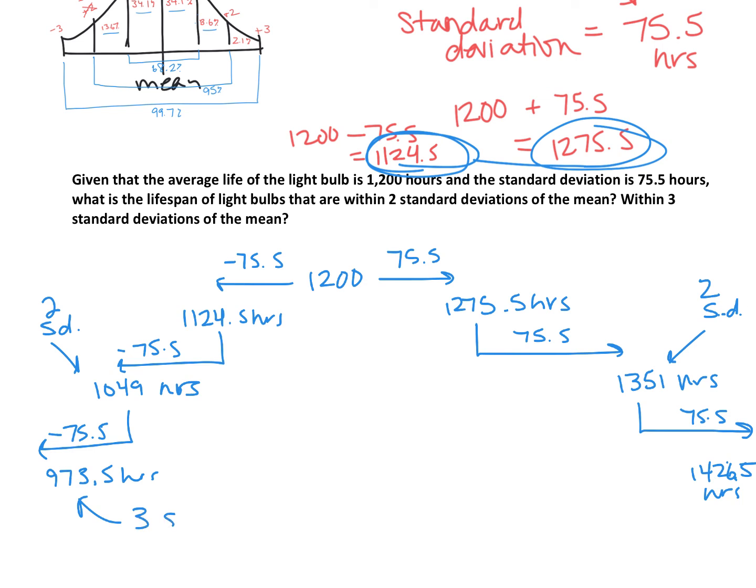Those are 3 standard deviations away from the mean. Because the standard deviation is 75.5, we're just adding 75.5 1, 2, 3 times to get 2 standard deviations, 3 standard deviations away, or subtracting it in the other direction.